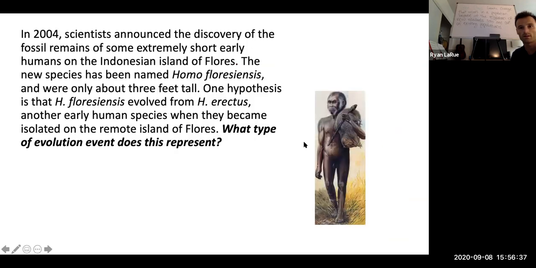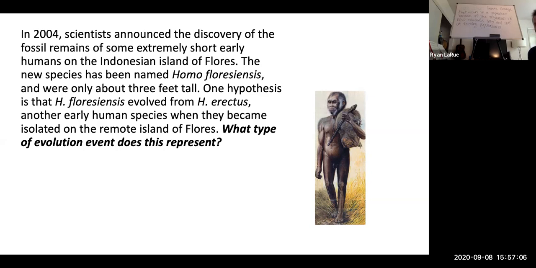Oh, kind of a practice problem of sorts. So in 2004, scientists announced that they discovered fossils of extremely short humans on this island, Flores. So this new species was named. And so the hypothesis is that this new species evolved from Homo erectus, which was another early human species.